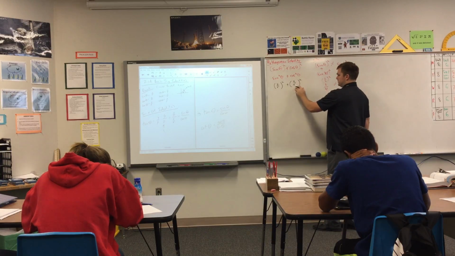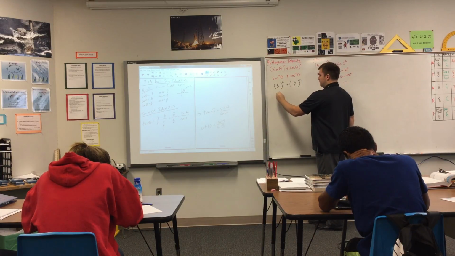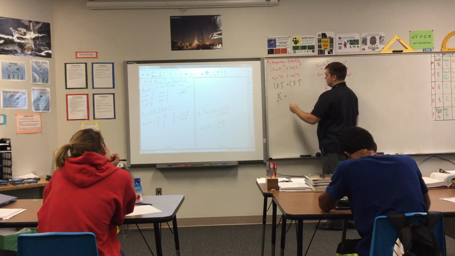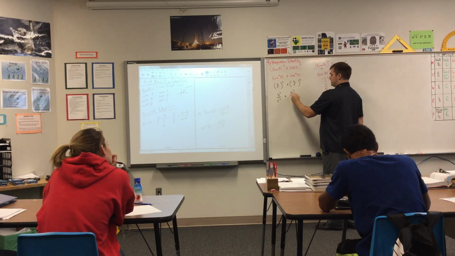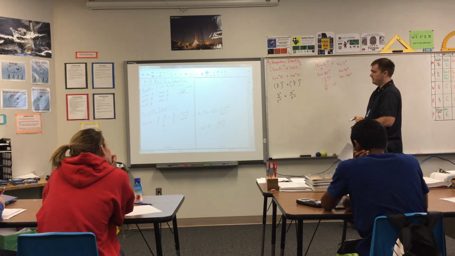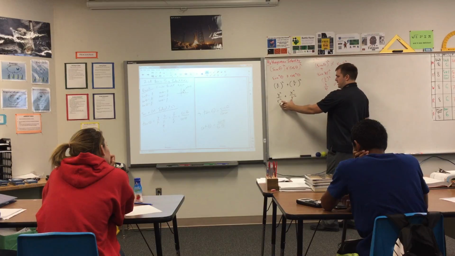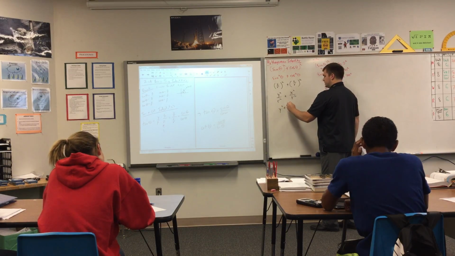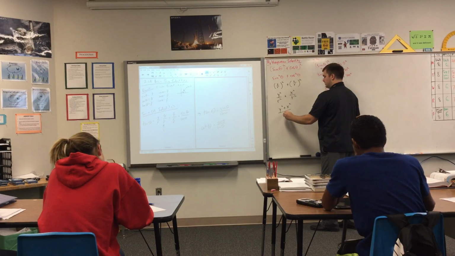So that would be y squared over r squared plus x squared over r squared. That's why you shouldn't use a calculator for this. We have a common denominator, so we can write y squared plus x squared all over r squared.